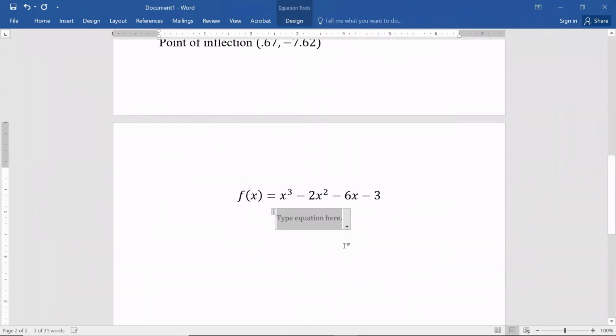So what's going to happen to the limit as x goes to infinity of my function f of x, excuse me.